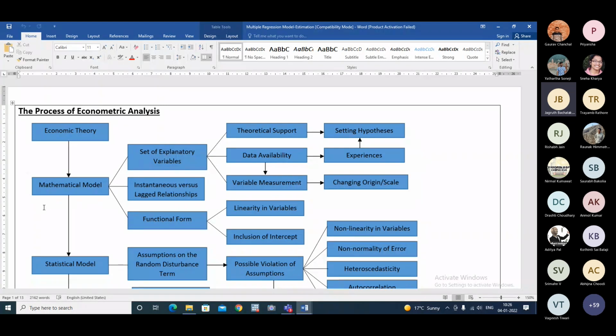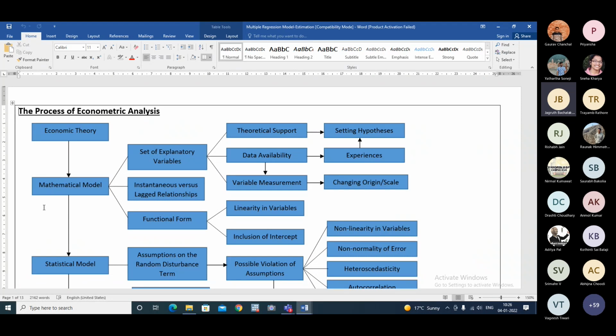Let me tell you, when I say defining mathematical model, it's not simply about writing y is equal to mx plus c. Definitely, that part is important.